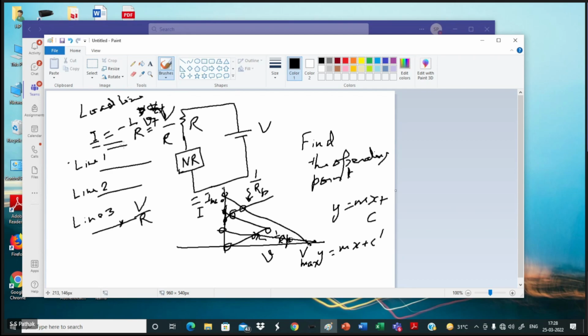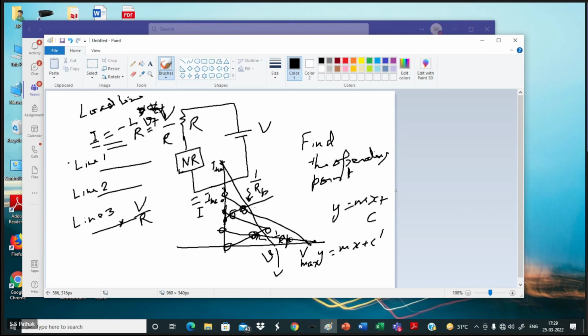If there is a common point found, then the operating point lies on this also. The operating point will be lying on more than one line. Like if this is one, here it is lying at this point. If I'm taking my V and I like that, this will be my V. So V by R will be this by I max.